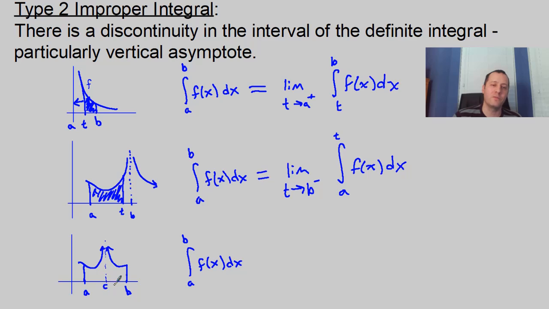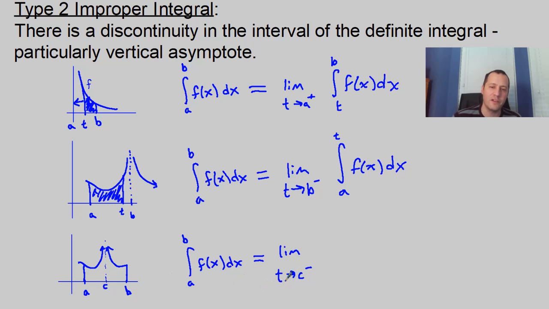You need to, again, split up this integral from a to c and c to b, and you can write it that way and then write it as limits, or you can go straight into the limit notation. So we could go from a to t. Oh, you know what? I'm sorry, I should do the limit here first. The limit as t approaches c from the left side, right, for this first part, because t will be over here.